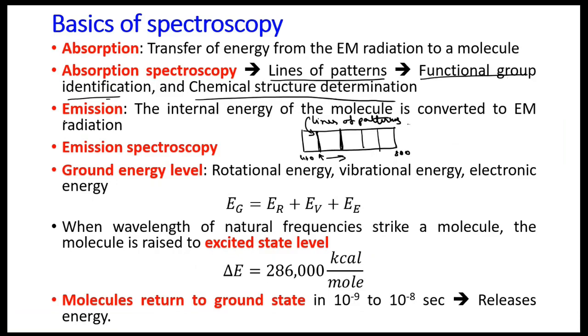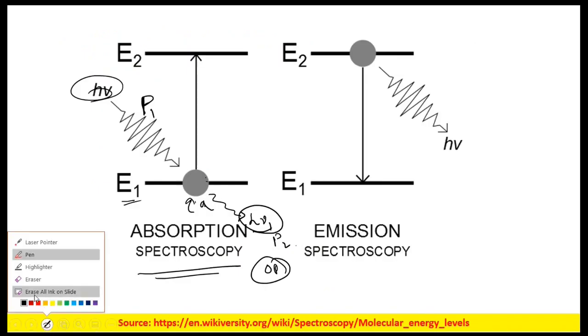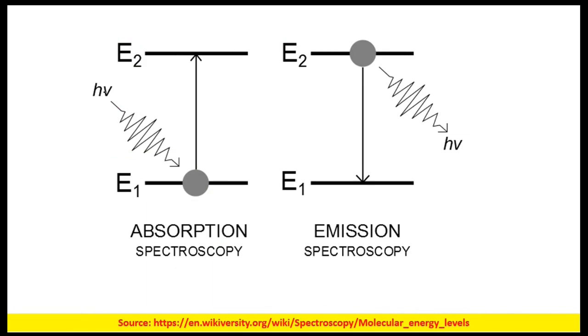On the other hand, in emission spectroscopy, what happens? It says the internal energy of the molecule is converted to electromagnetic radiation. Suppose we have excited the electron, it has gone to the excited state.